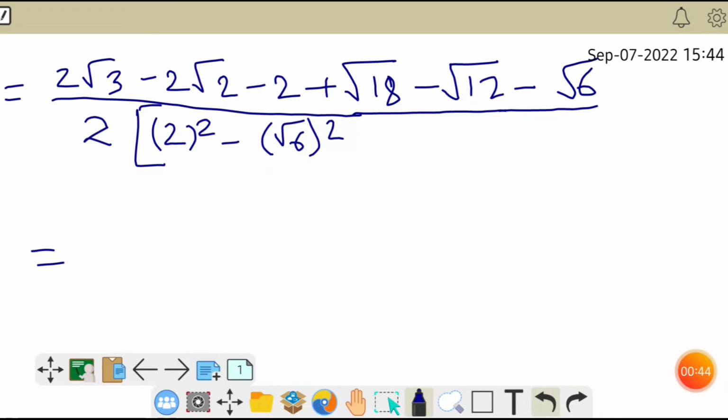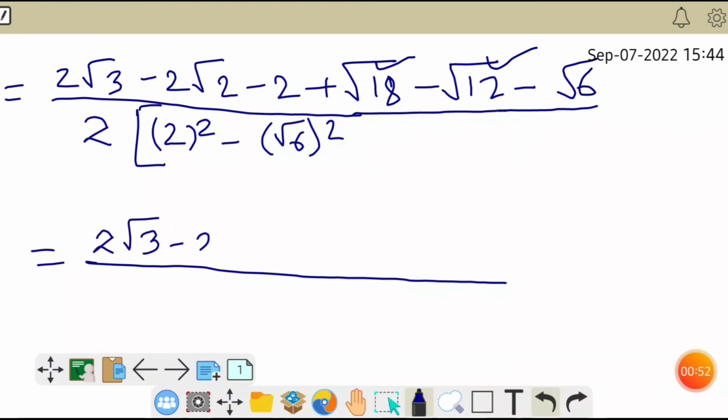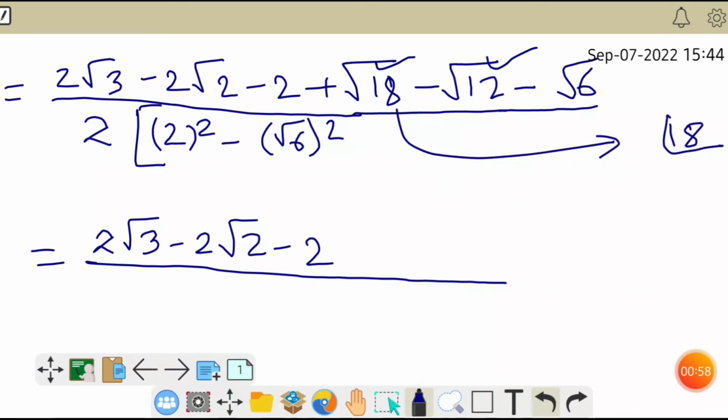In the next step, we have to break root 18 and take the numbers outside the root. So here, how we'll take out is find the LCM, that is 2 into 9, 3 3s are 9. Here we got the pair of 3, so 3 will come outside the root and 2 will remain inside the root.